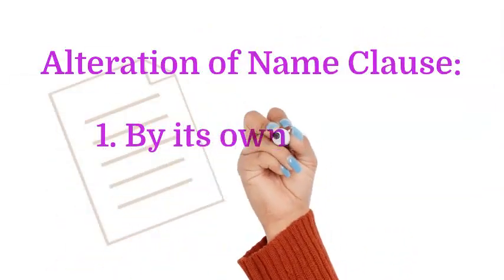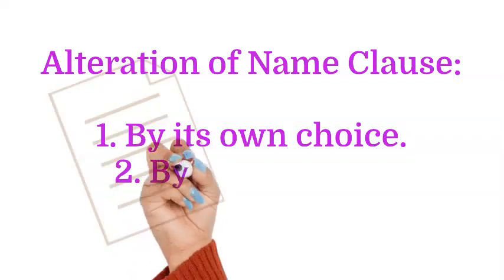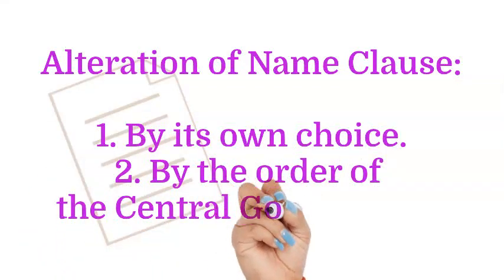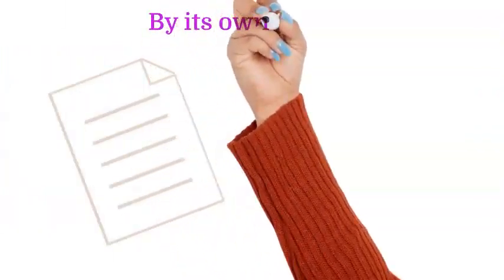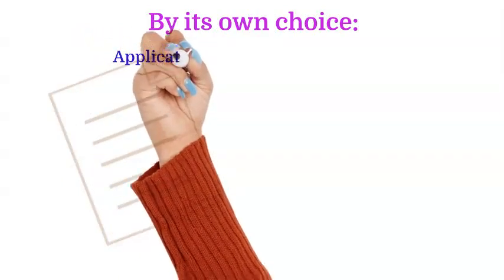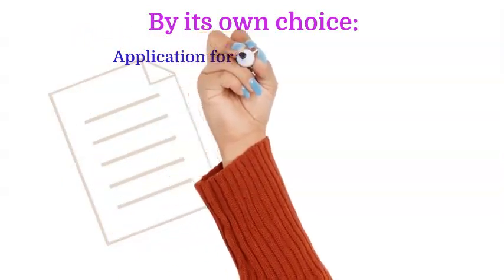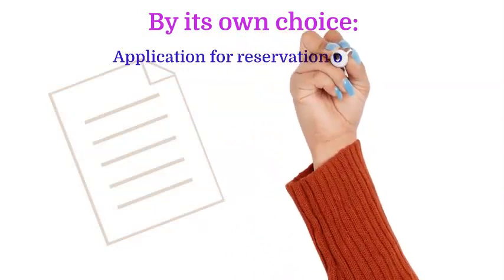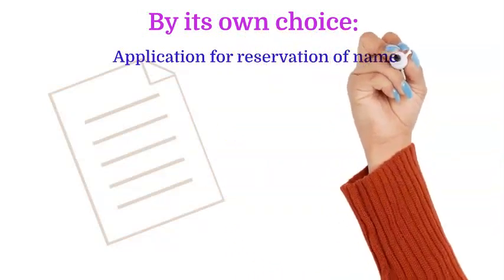A company may change its name in two cases: by its own choice or by the order of the central government. Let us come to the first point, that is, by its own choice. If a company wants to change its name, it may make an application to the registrar for the reservation of a new name.